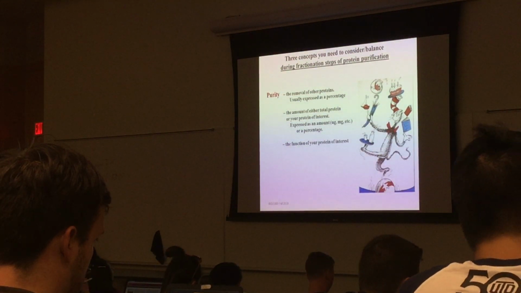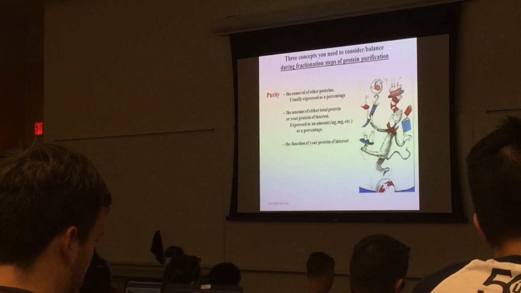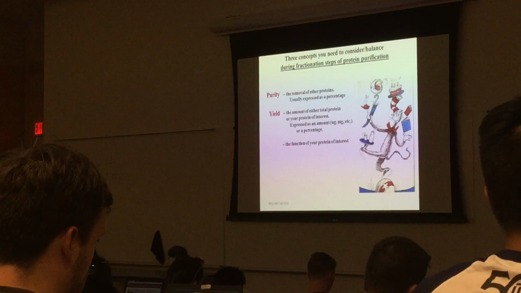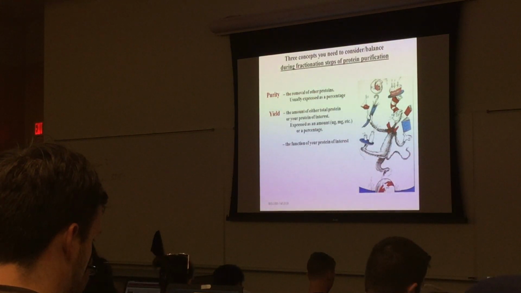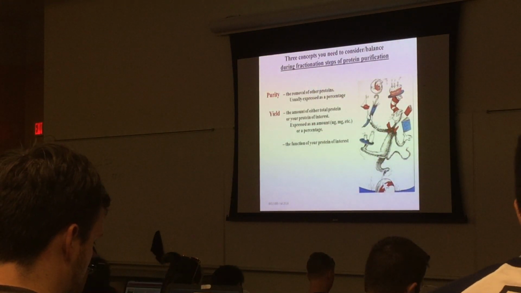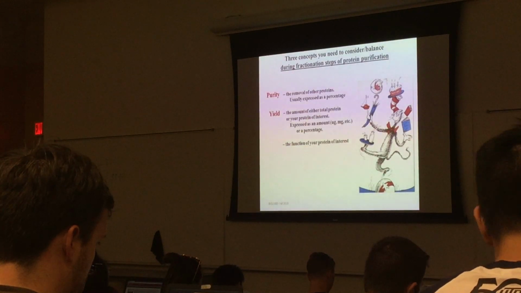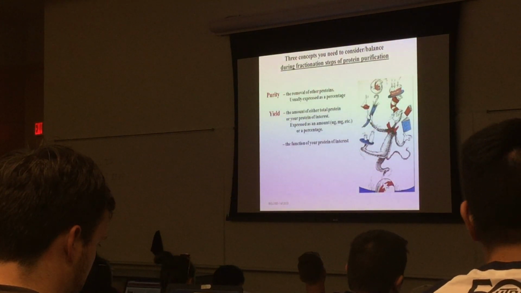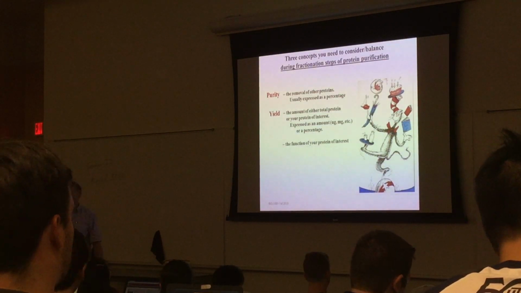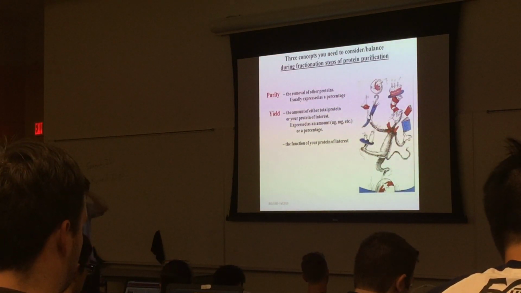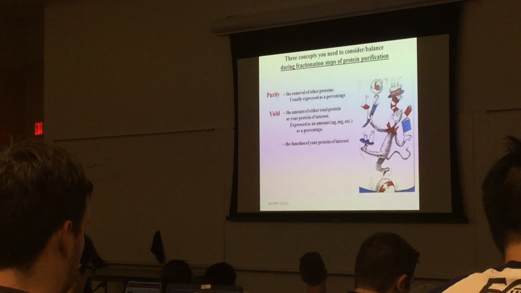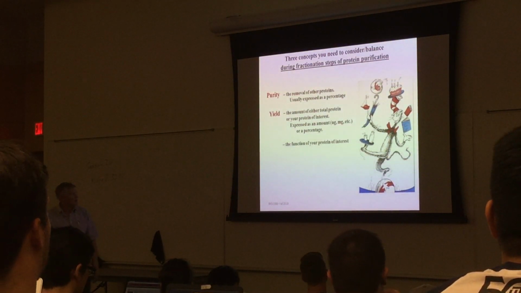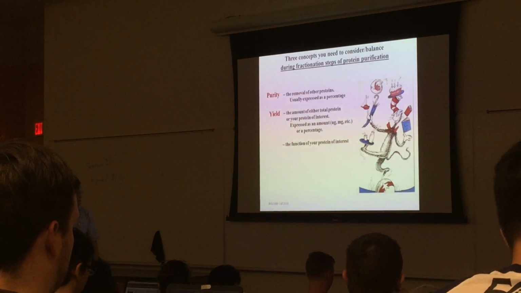Okay? Then we're always worried about yield, the amount of that protein, whether it's the amount of your protein of interest or the amount of all the protein that's present. And so under certain conditions, like a Bradford assay will tell us the total amount of protein. An SDS-PAGE gel will tell us, with some additional information, our protein of interest amount.